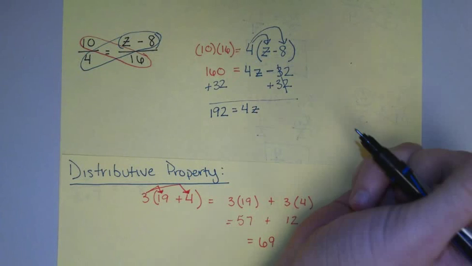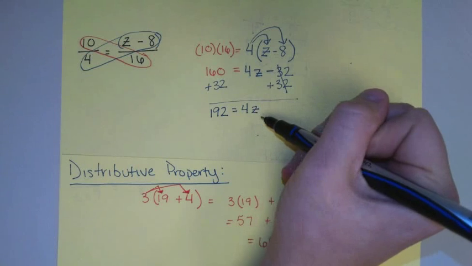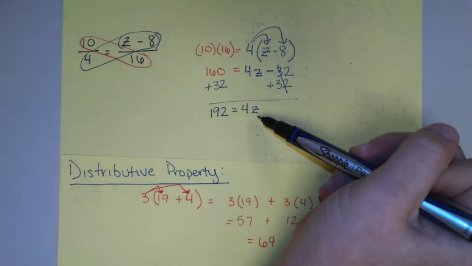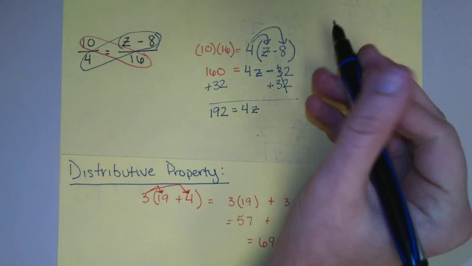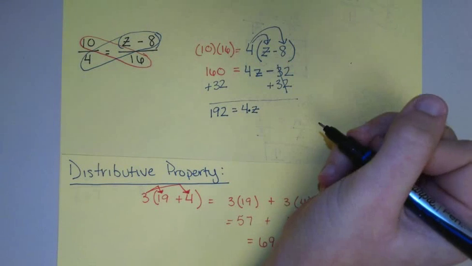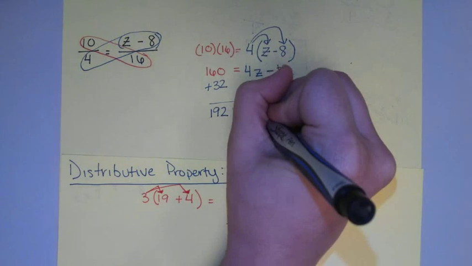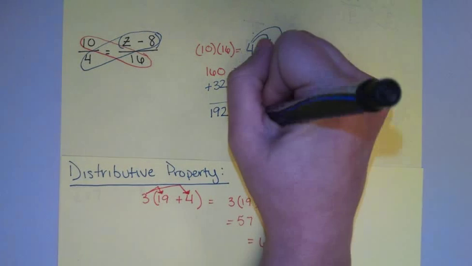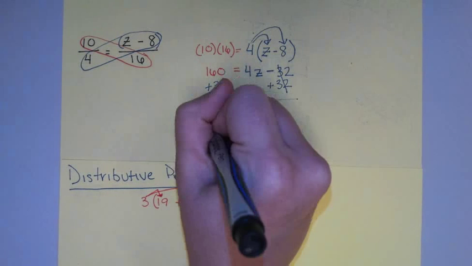I'm still trying to get the z by itself, and I have a number next to a letter, so that means that they are multiplying. So I want to do the opposite and divide by 4. So I can cancel that 4 out, I do it to this side as well.